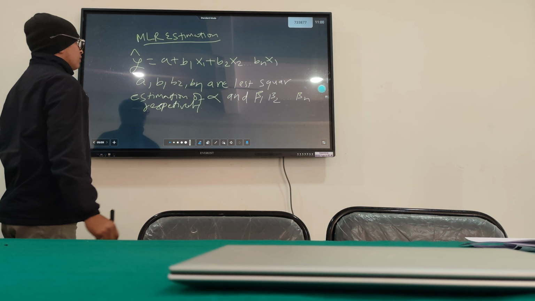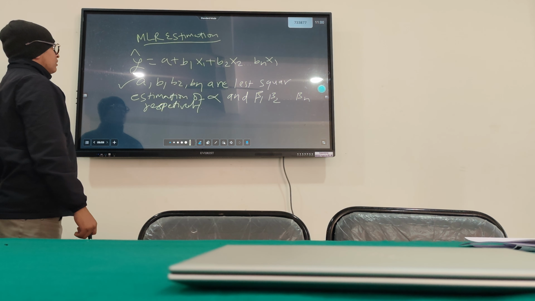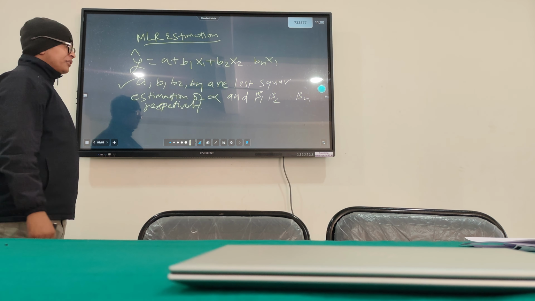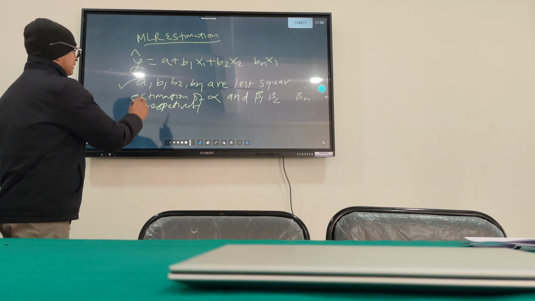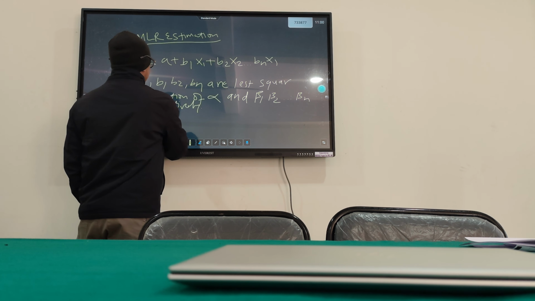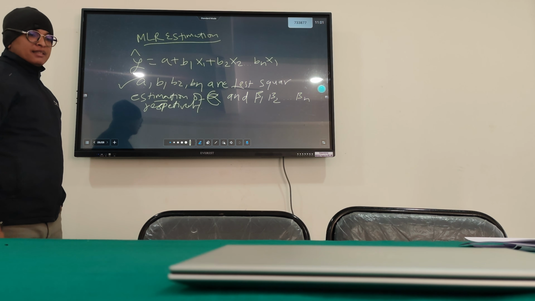We need to consider this in the sample MLR estimation. Always remember that a, b1, b2, bn are the least squares estimates of alpha, beta 1, beta 2 and beta n respectively.